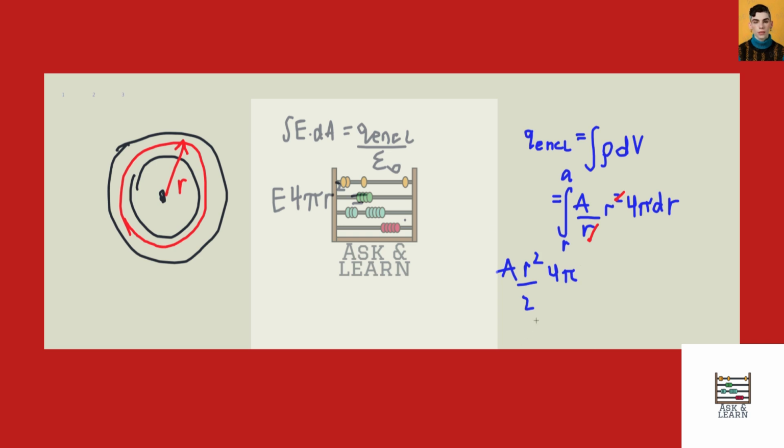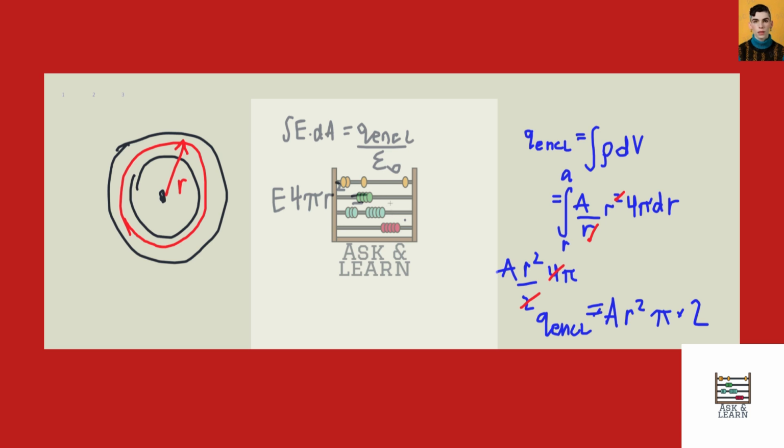And we can cancel this 2 with this 4. And we find that Q enclosed is equal to A r squared times pi and 2. Almost forgot.